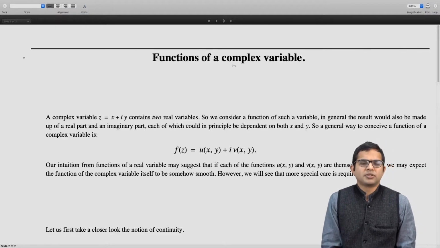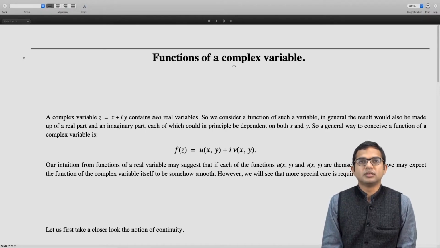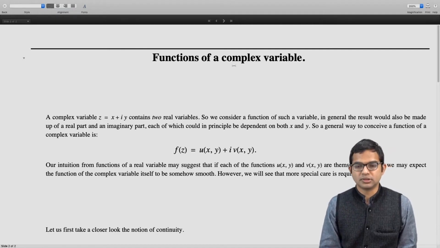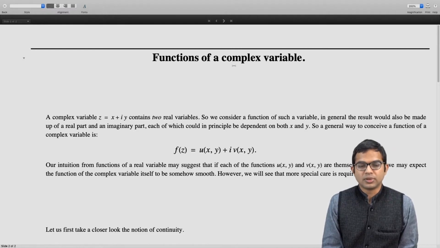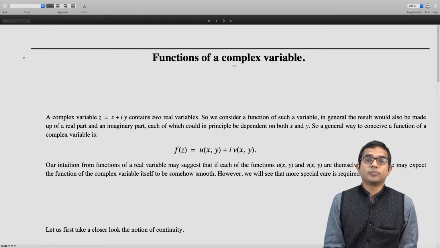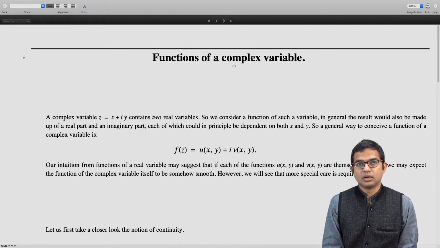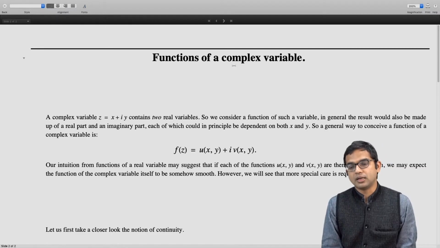Okay, so a complex variable has a real part and an imaginary part. It's made up of two independent real variables. So if we want to make a function out of a complex variable, in general the resulting answer will also be a complex number. The output of this operation would have a real part and an imaginary part.